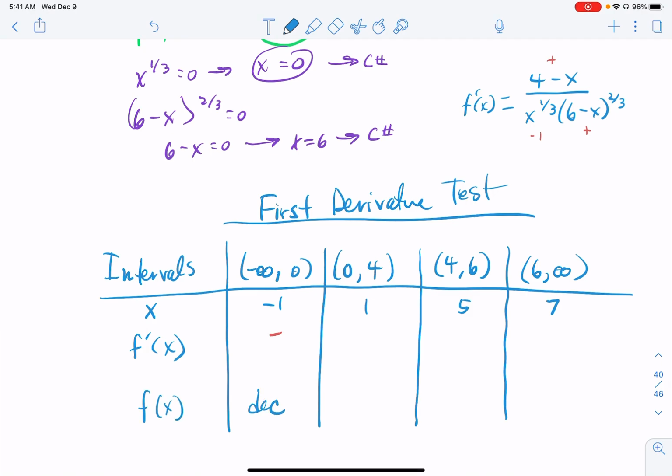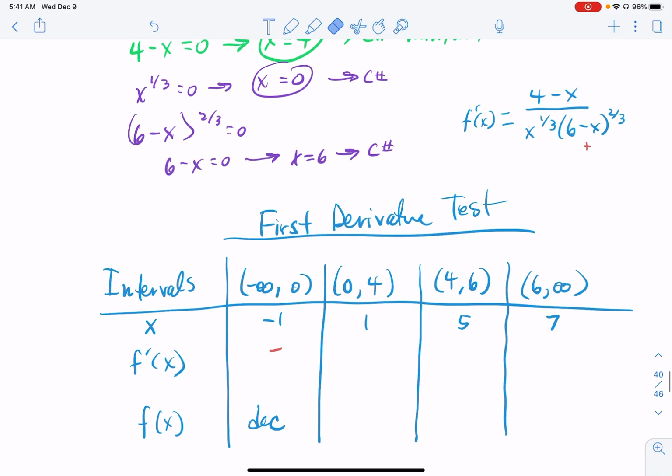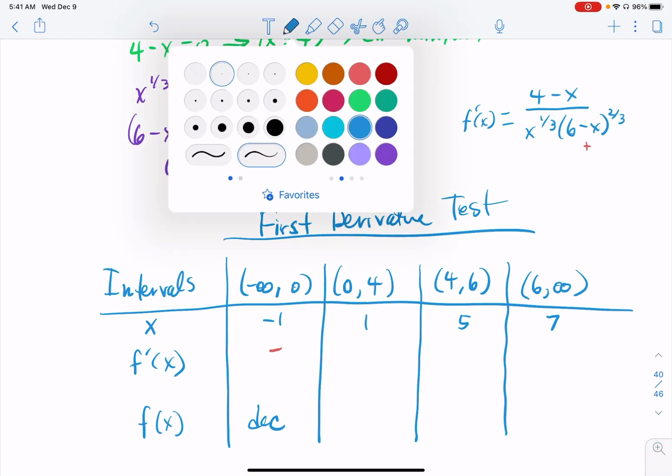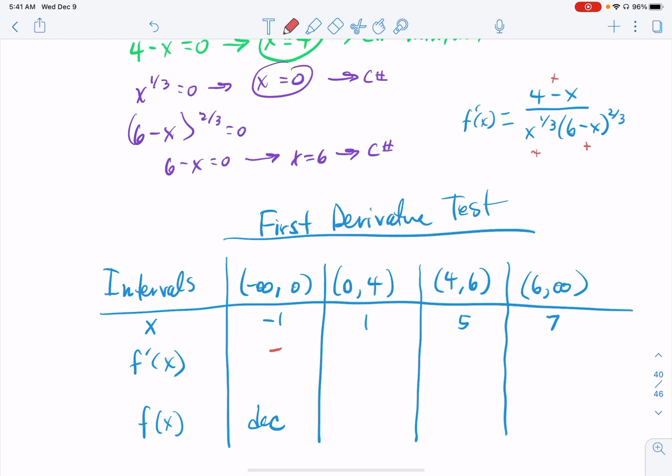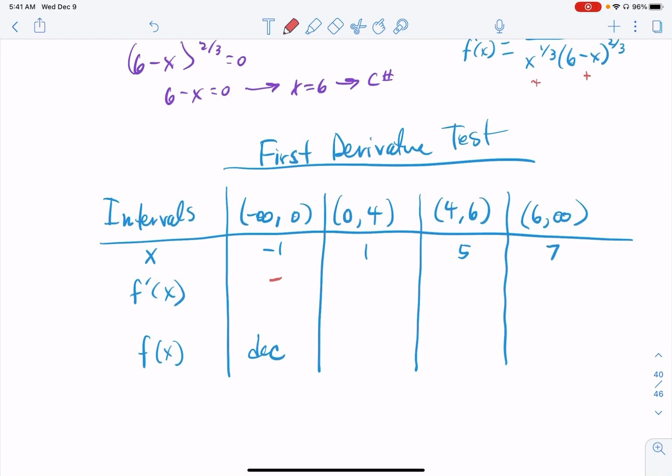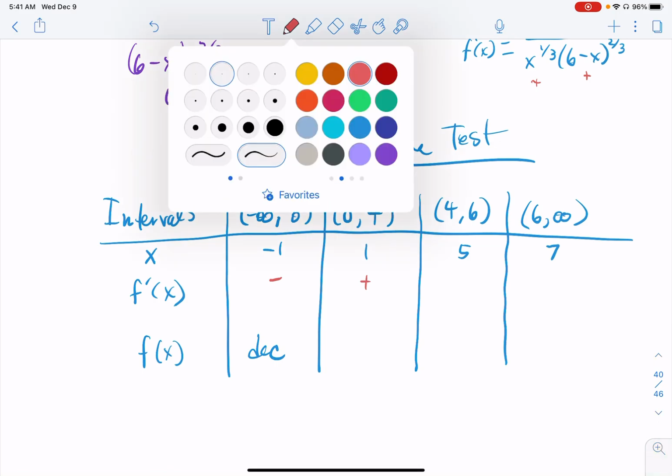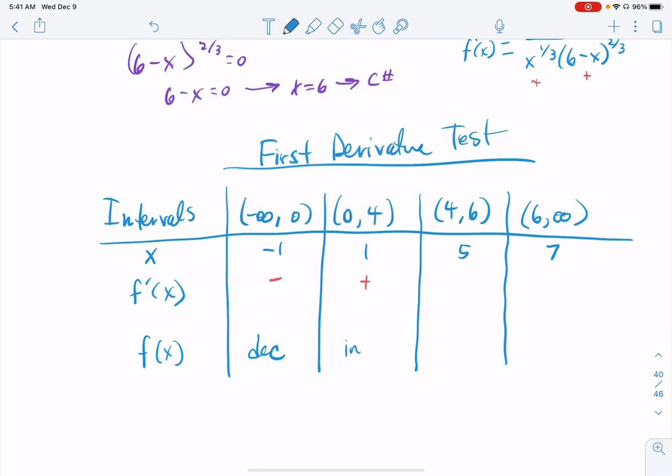We found our first decreasing interval from negative infinity to 0 because the first derivative is negative on that interval. Now let's plug in a positive one. I get 3 up top, which is still positive. Positive, positive, positive, positive. We have a plus here, which means that the graph is increasing.